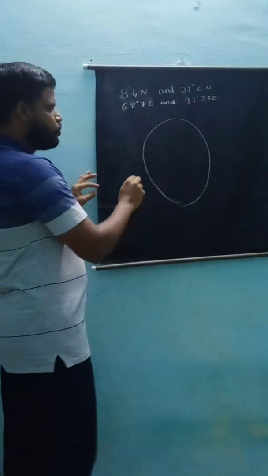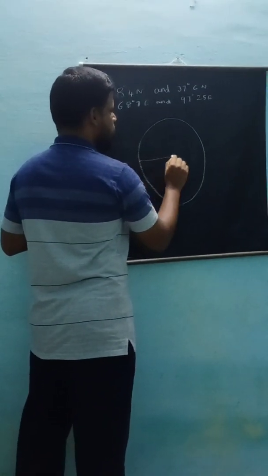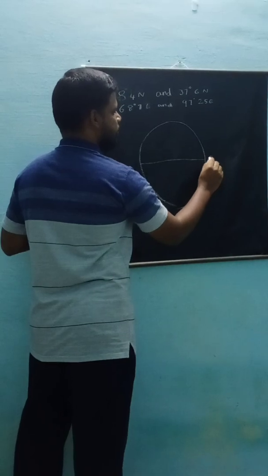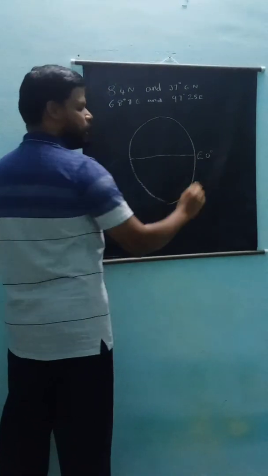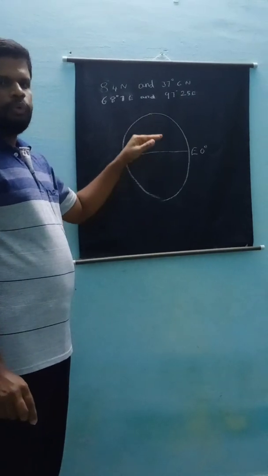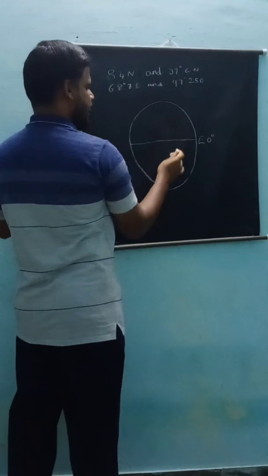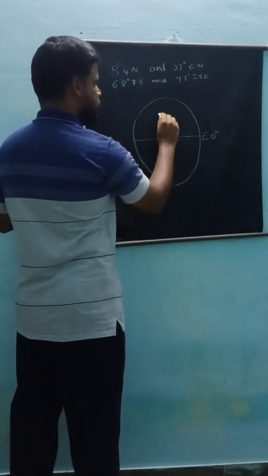The middlemost latitude line, which divides the globe, is called the equator or 0 degree latitude line. The equator divides the globe into two halves, northern hemisphere and southern hemisphere.